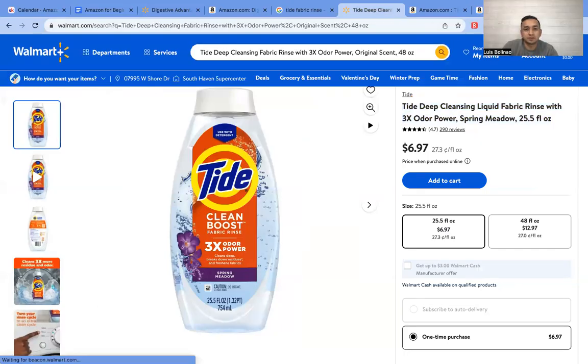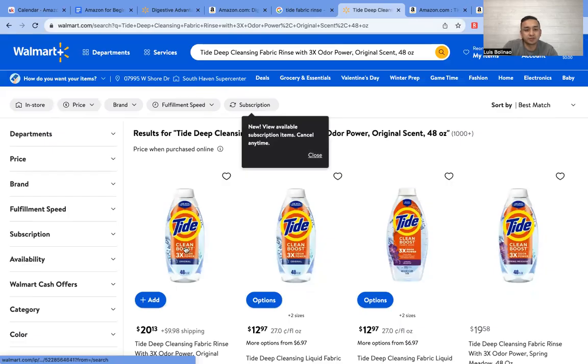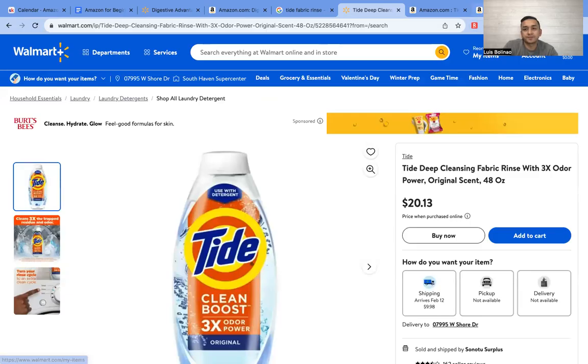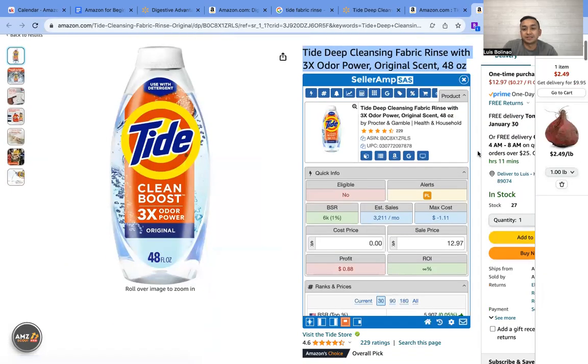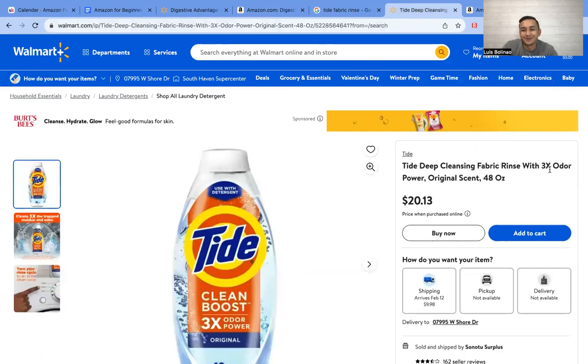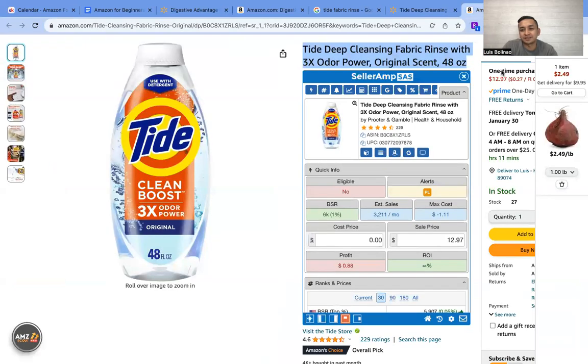So let's see. So this one, right? Well, for this instance, it's actually more expensive on Walmart. This one's $20 on Walmart, and it's about $13 on Amazon.